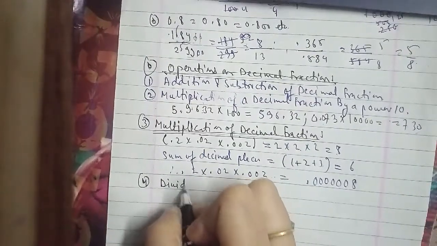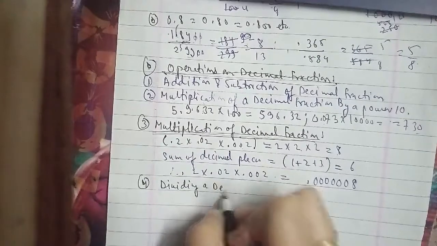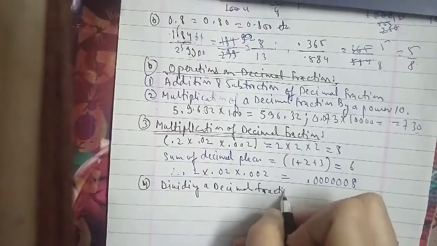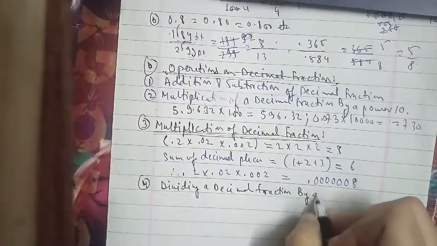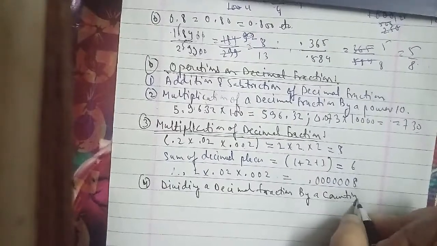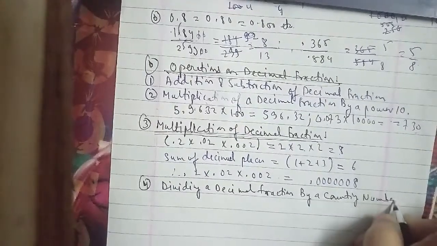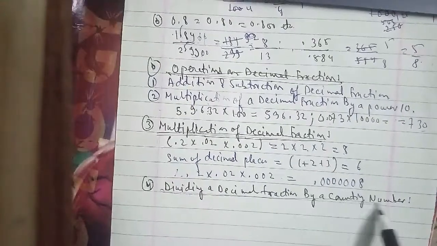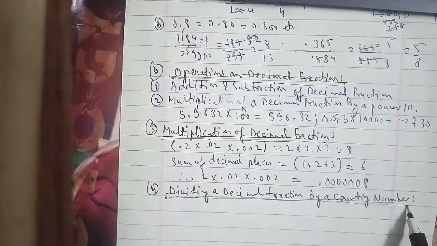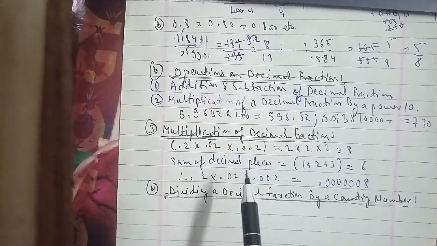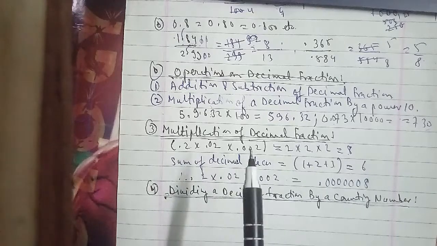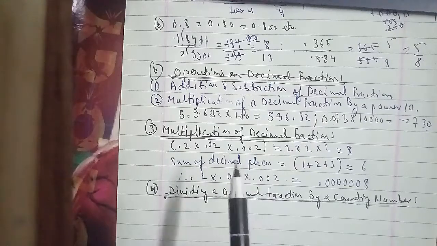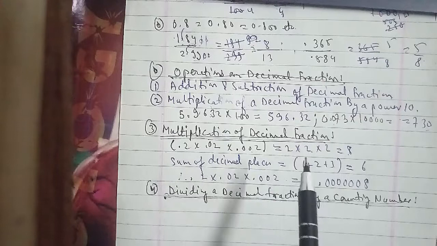In this, divide the given number without considering the decimal point by the given counting number. Then in the quotient, put the decimal point to give as many decimal places as there are in the dividend.